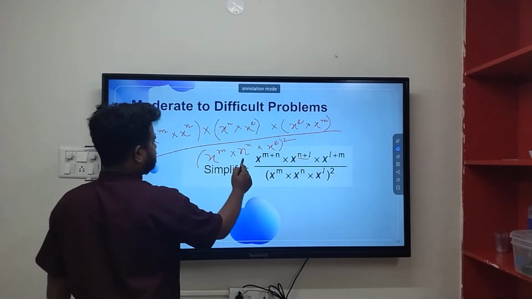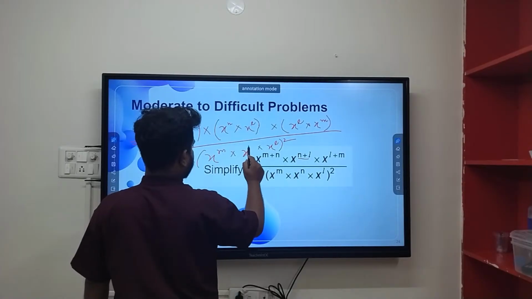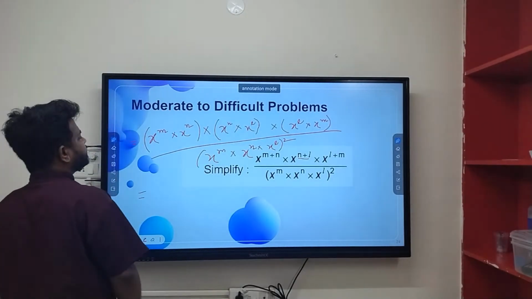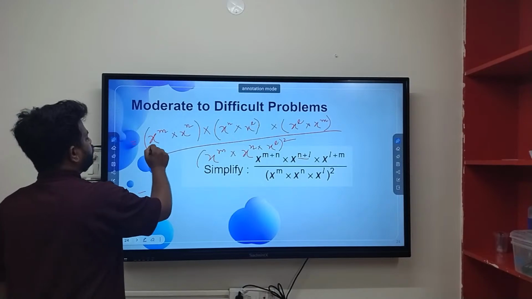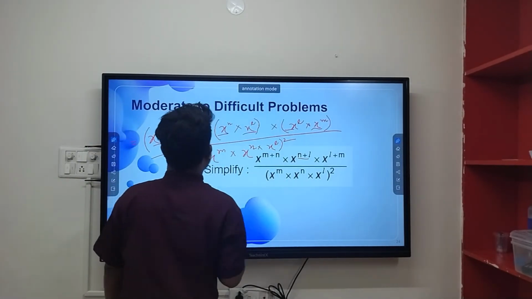So we can see that we have 2x to the power m, 2x to the power n and 2x to the power l.